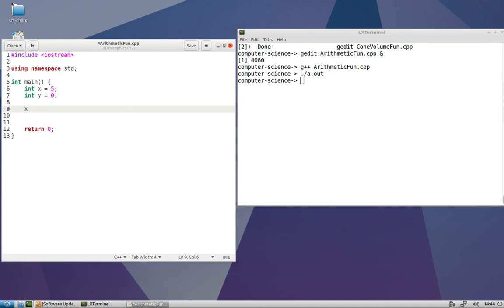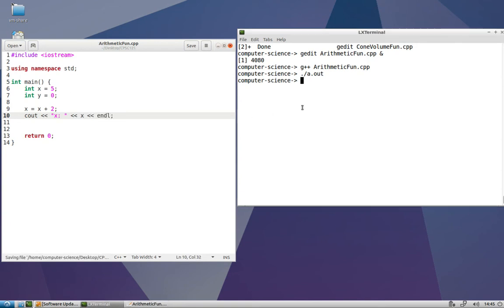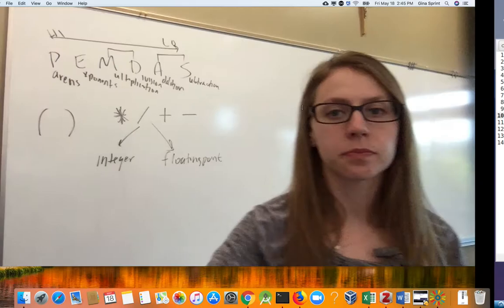So we could assign x to be x plus 2. So that would be 7.